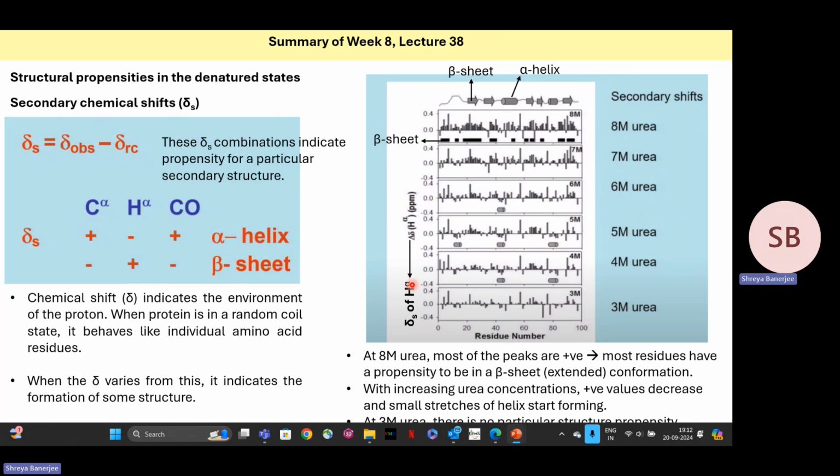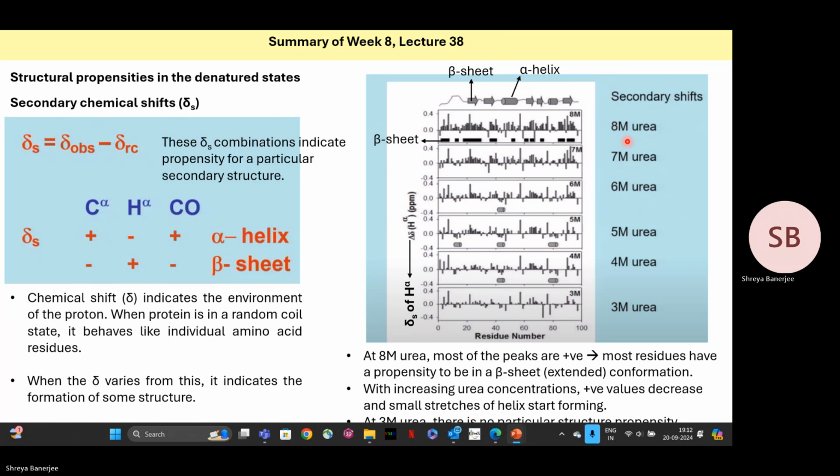Most of the delta S H alpha is positive in 8 molar urea. If delta S H alpha is positive, that means it has a propensity to adopt beta sheet. So in the unfolded random coil state, most of the amino acids have a propensity to adopt a beta sheet conformation, shown by this black bar here.